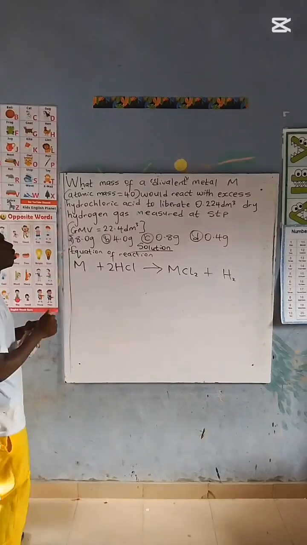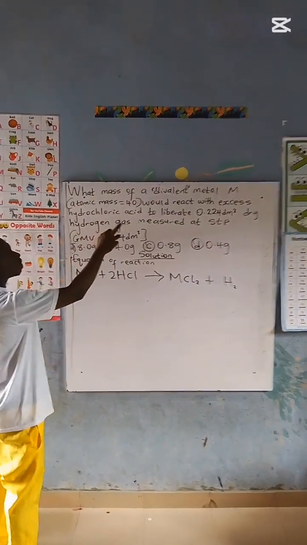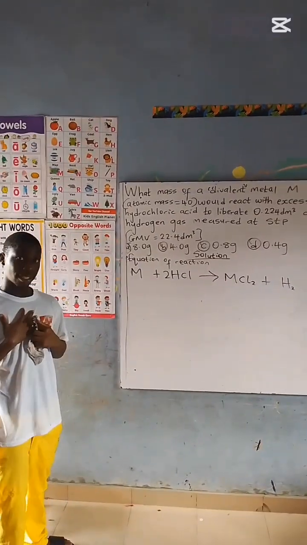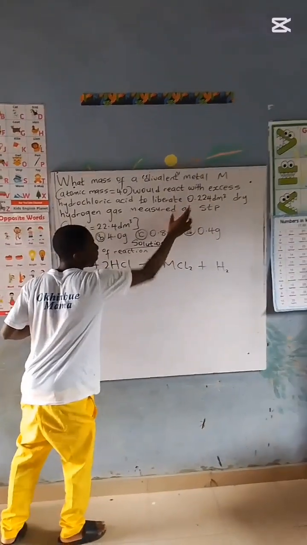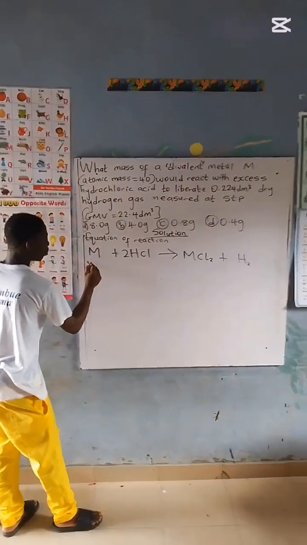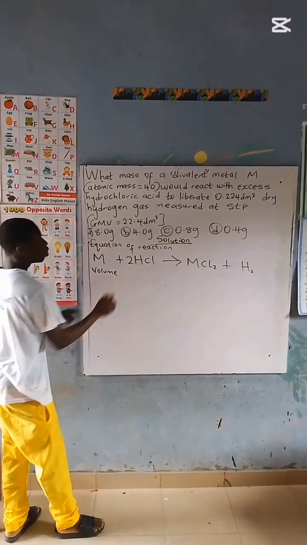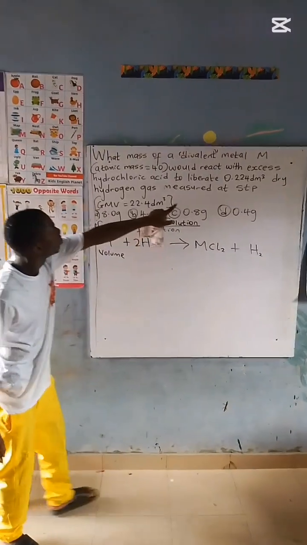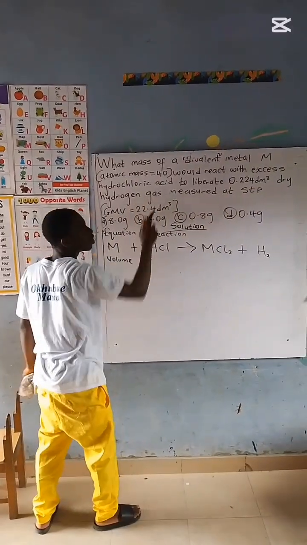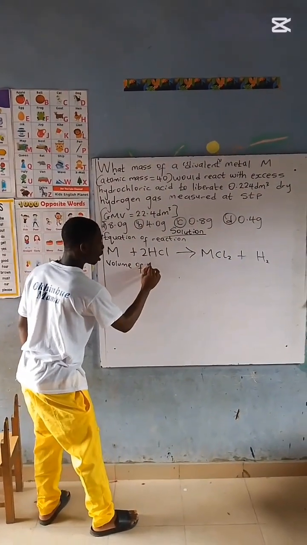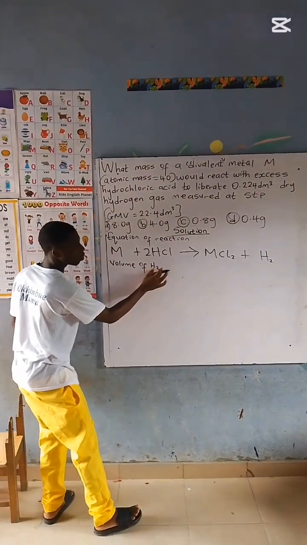Now let's move on. The question says, what mass of a divalent metal? Now I always advise, yes, to write down the parameters given. Now we're given a volume. Who owns the volume? So it liberates 0.224 dm³ dry hydrogen gas. So the volume is attributed to hydrogen.